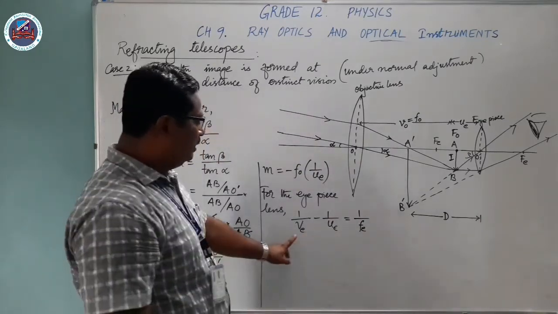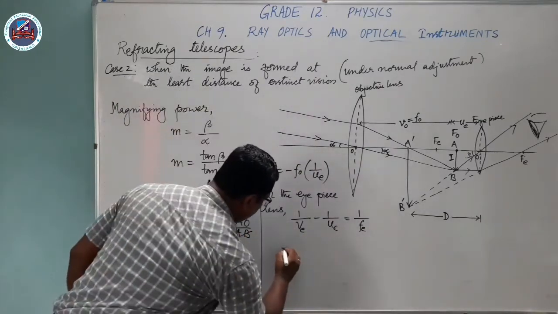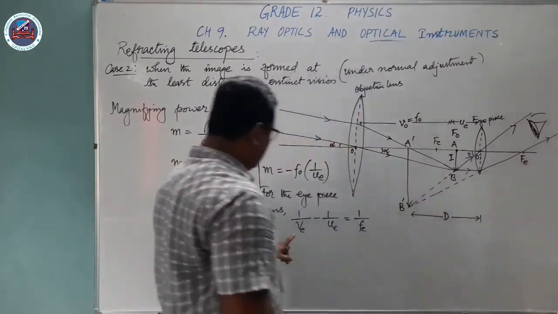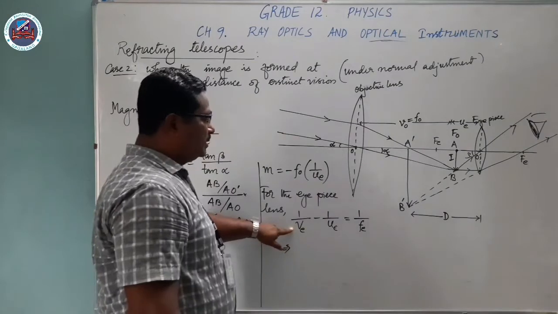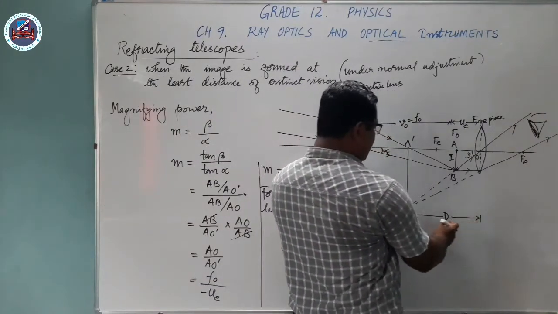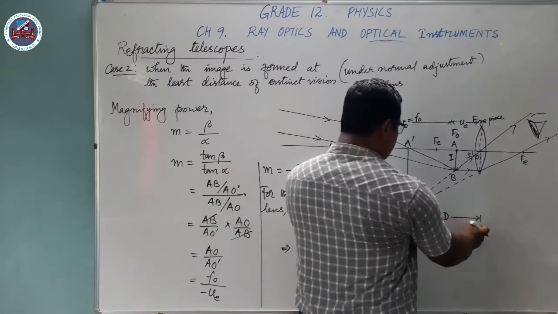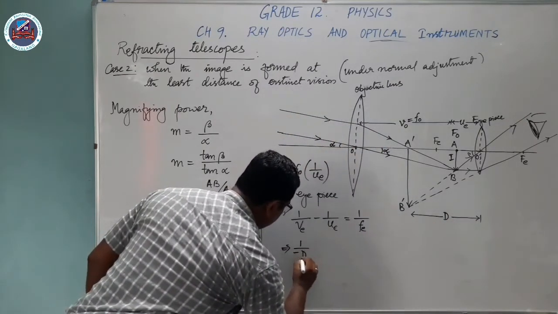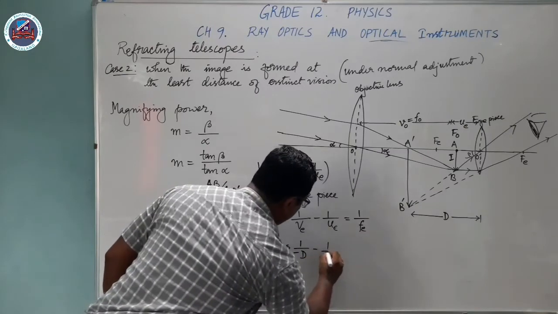Now let us see one by one. What is VE? VE is the image distance of the eyepiece lens. We write it as the least distance of distinct vision D. It is towards your left-hand side, so you take negative, minus D, minus 1 by UE.